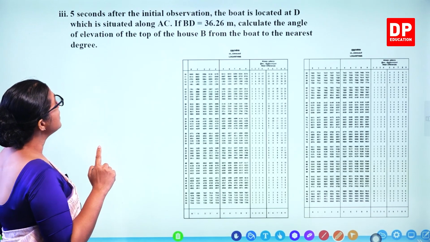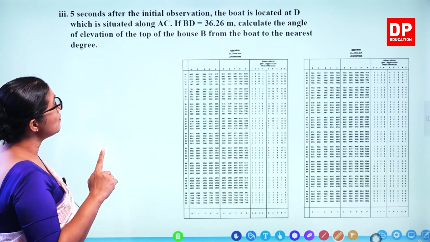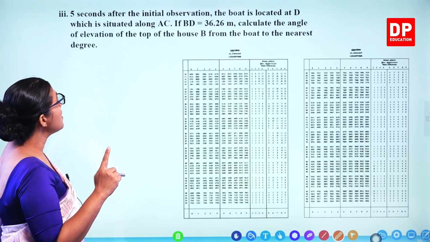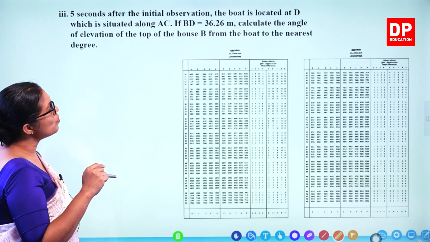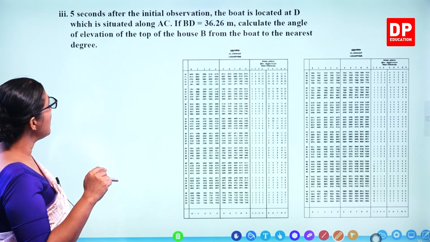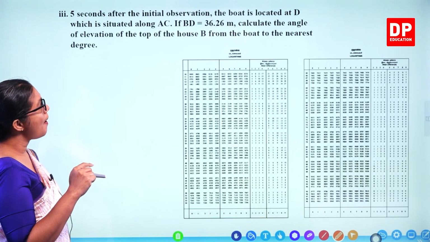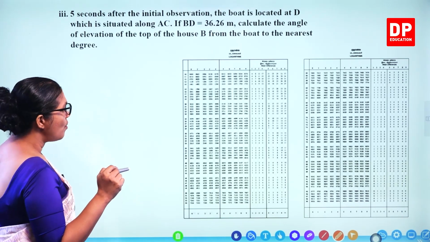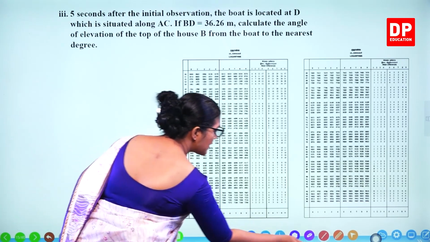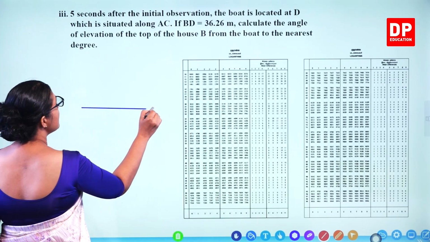Five seconds after the initial observation, the boat is located at D, which is situated along AC, and if BD is 36.26 meters, calculate the angle of elevation of the top of the lighthouse B from the boat to the nearest degree. Now, you get the same diagram. What's the difference now? Now, there's another point.